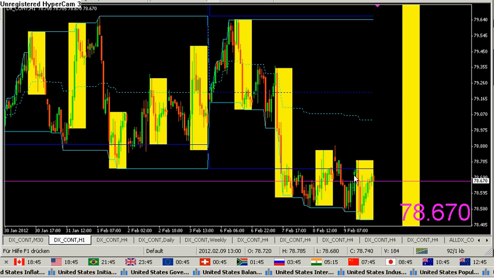Of course also interesting, and tomorrow data come out, so it will be interesting. Will we come back and perhaps try to go up on a weekly basis, or will we fall back?